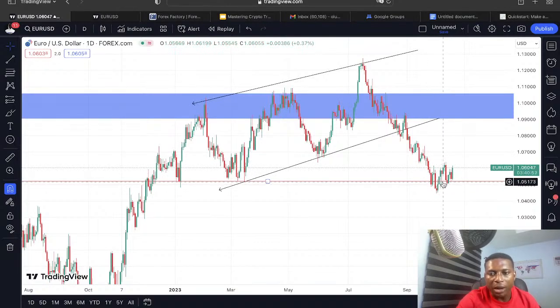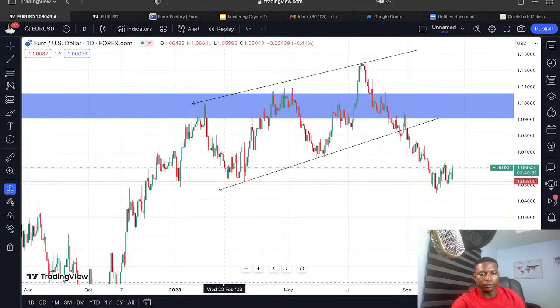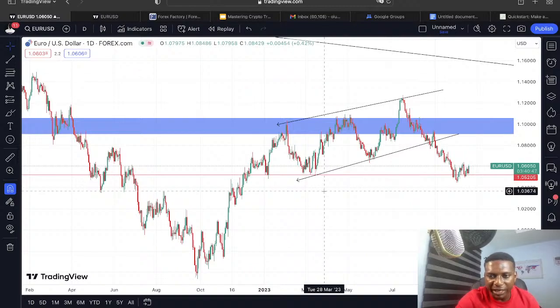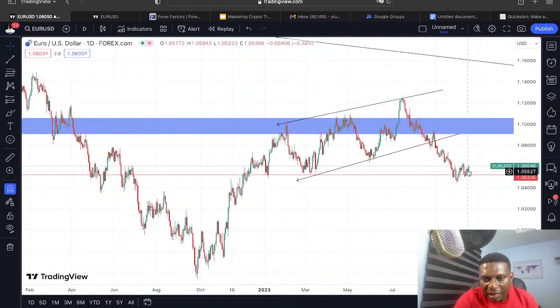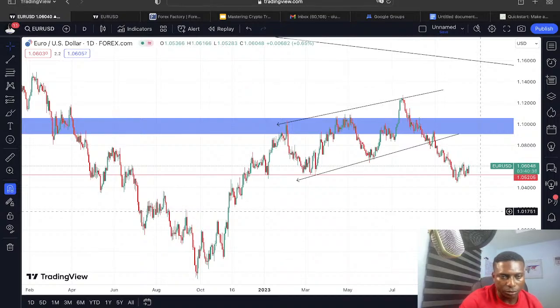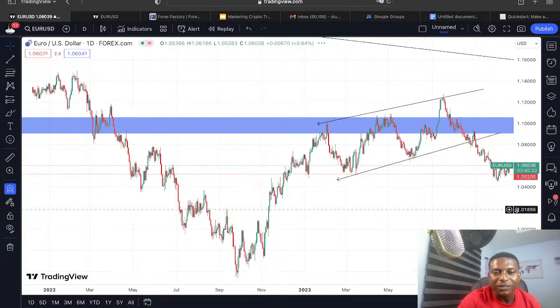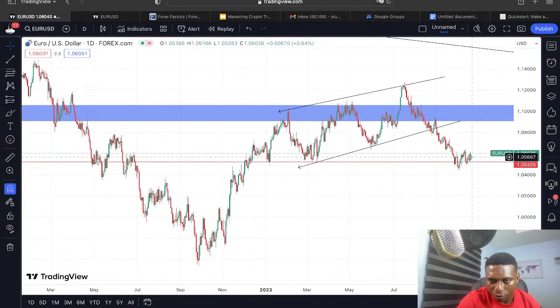Now price is now at a support level. Okay, and like I explained, the more price keeps consolidating at this level, the higher the probability of it breaking out of this level. All right, the higher the probability of it breaking out of that level.